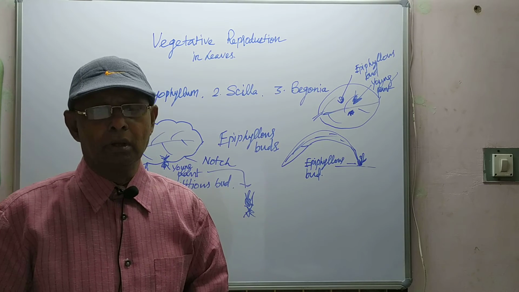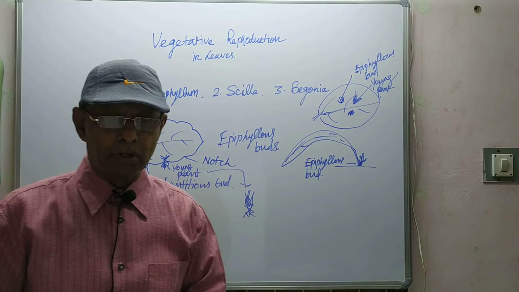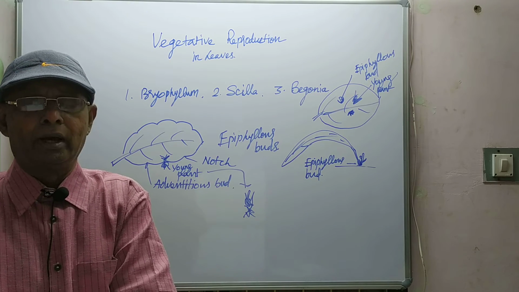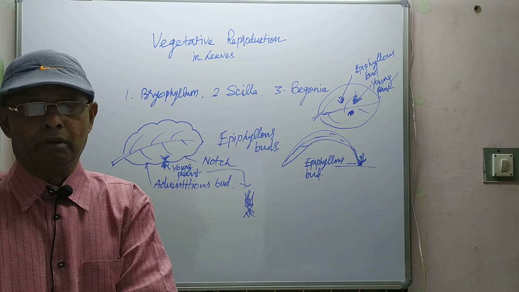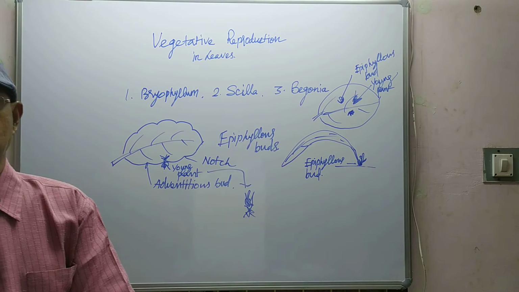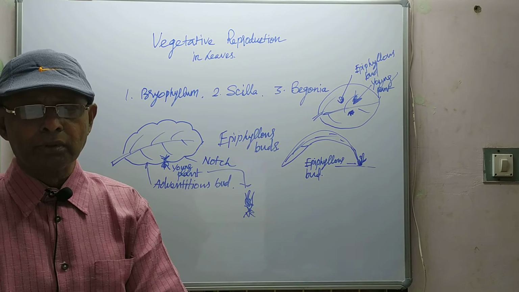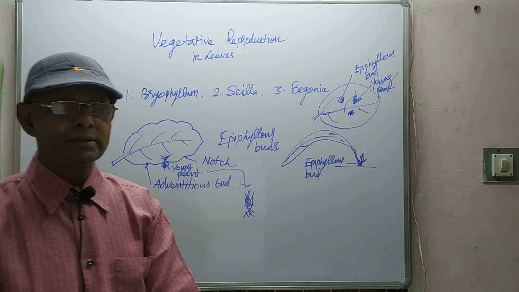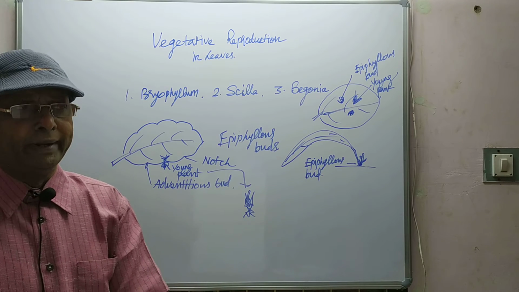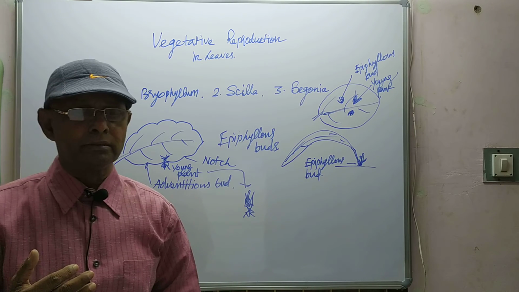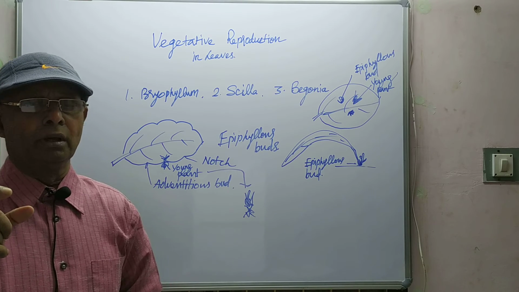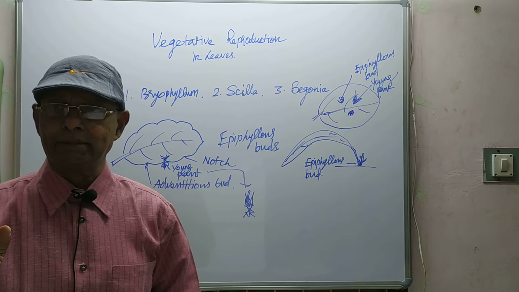Come to the advantages of natural vegetative reproduction. What are the advantages? There are four advantages given in this book. One is, in natural vegetative reproduction, only one plant, one parent, is required for propagation.